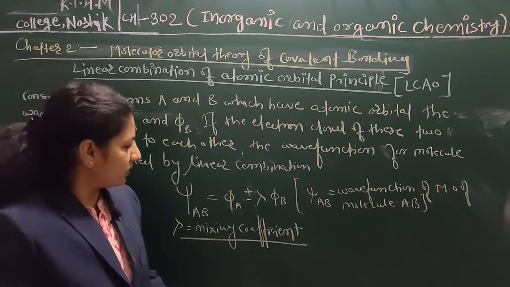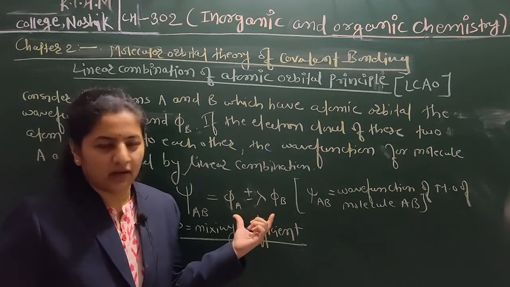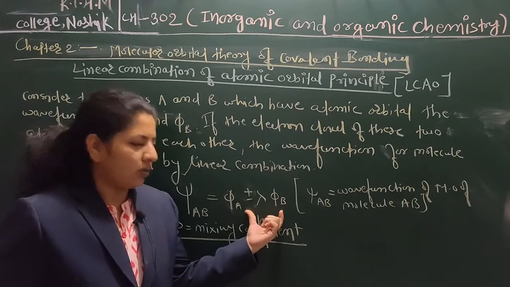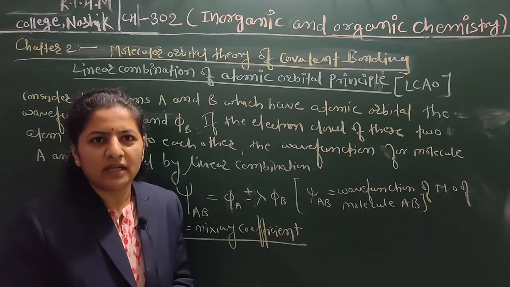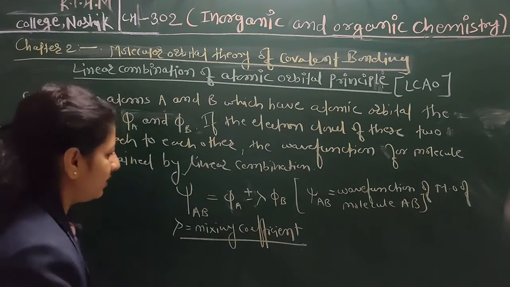Lambda is a mixing coefficient, and it measures the ionic character between these two atoms, that is A and B. If A and B form a homonuclear diatomic molecule, then lambda is equal to 1.